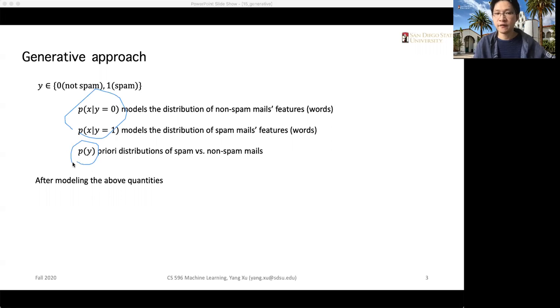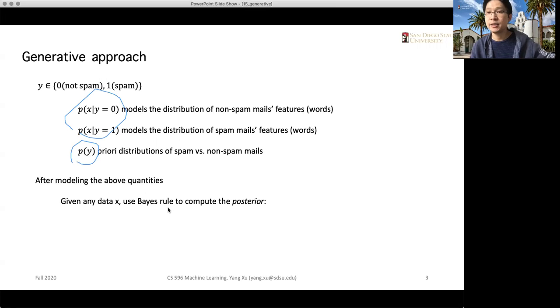And after we have estimated these probabilities using some quantitative methods, then given any new input data, given any new email, we should use the Bayesian rule to compute the so-called posterior probability.